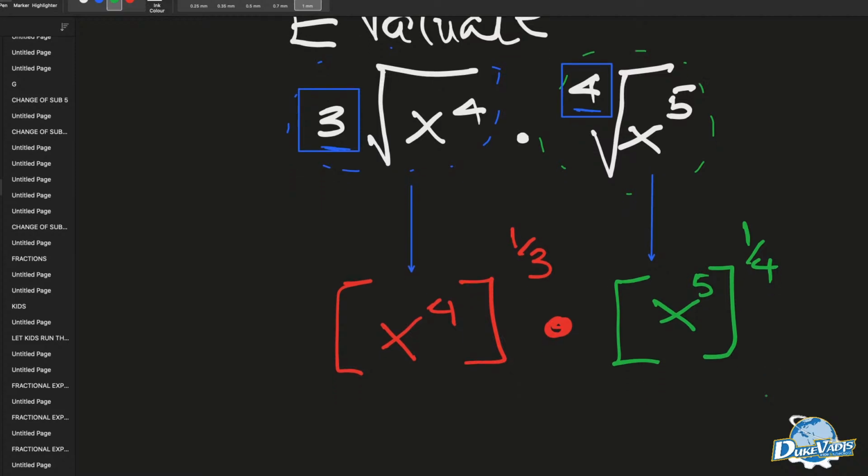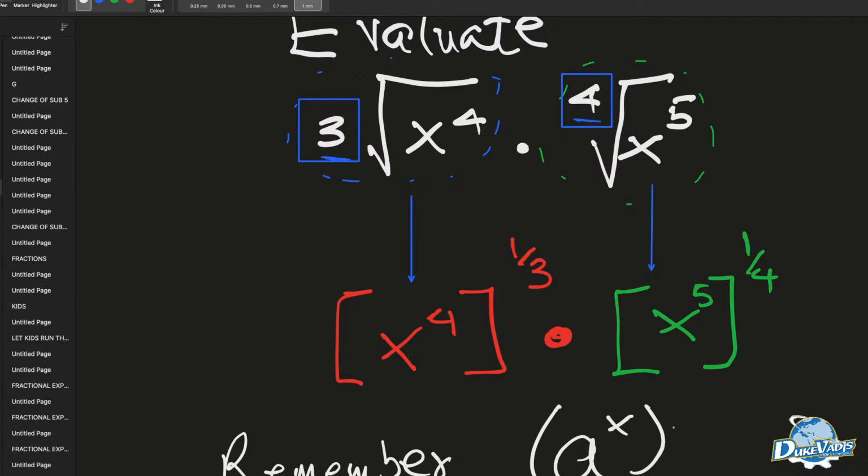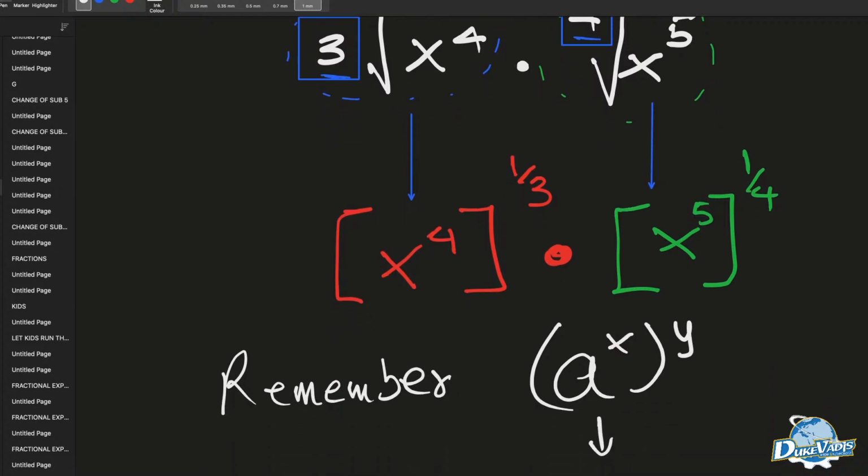Please remember that in indices, if I have a raised to the power x, all raised to the power y, this can be written as a raised to the power xy.